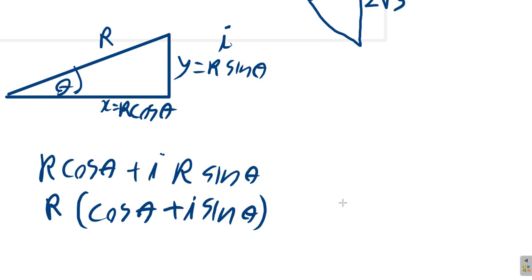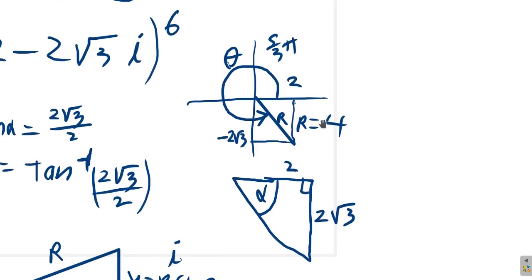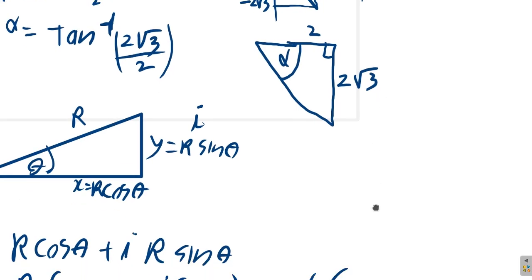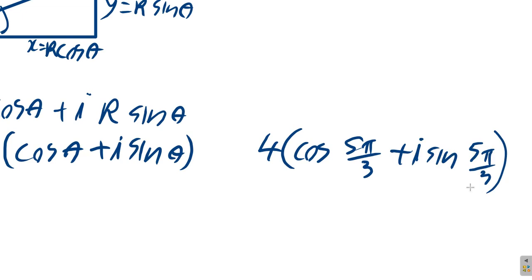So our complex number here is 4 cos, in radian mode, 5 pi over 3, same thing as 300 degrees, plus i sine 5 pi over 3, right?